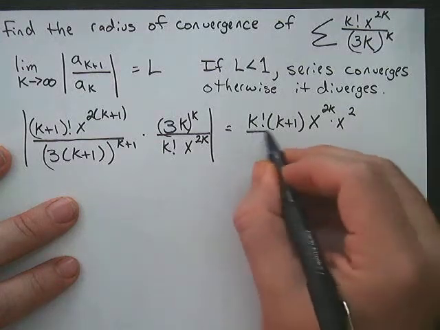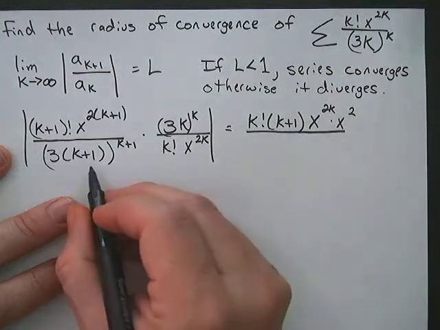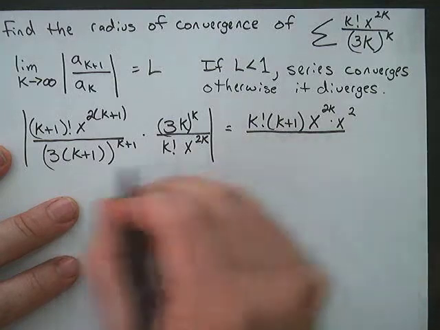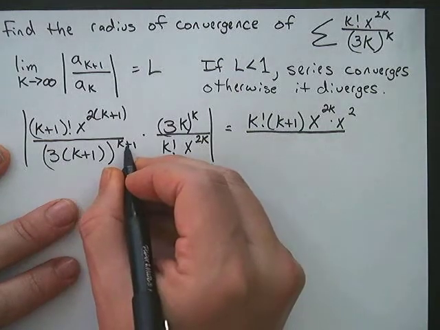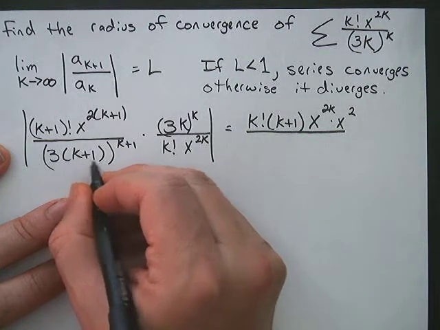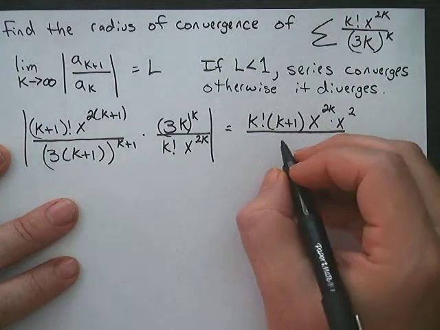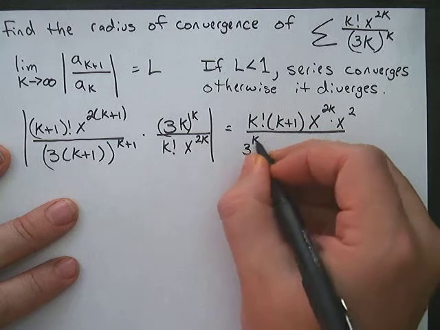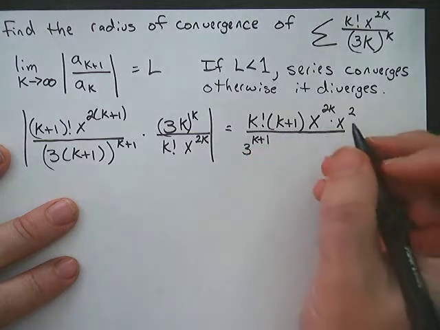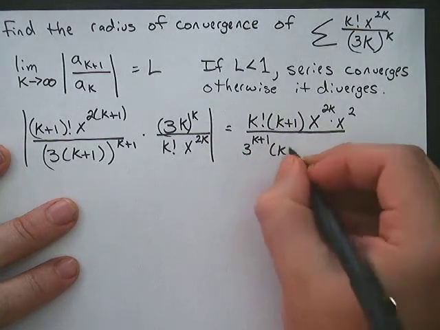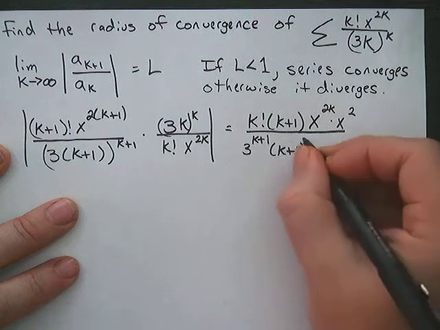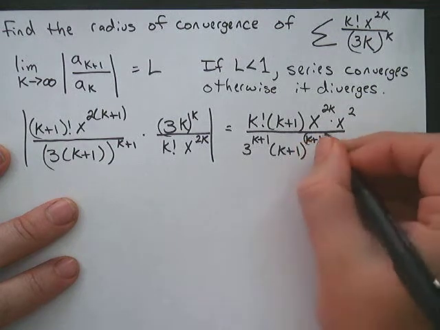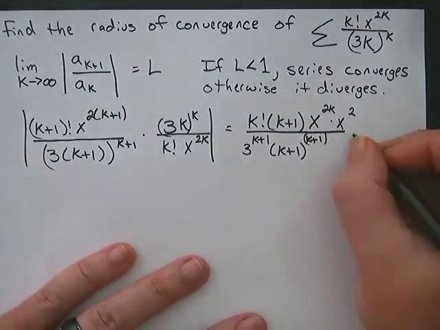In the denominator, I have a 3 to the k plus 1 power, and then a k plus 1 to the k plus 1 power. So the first thing I'll write is 3 to the k plus 1, and then k plus 1 to the k plus 1 power. I'll come back to that in a minute and clean that up.